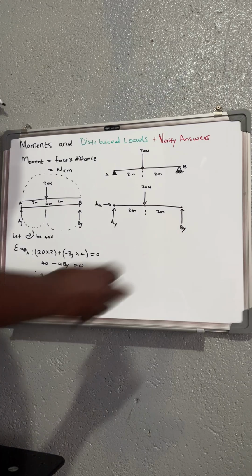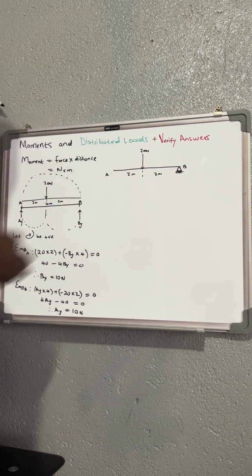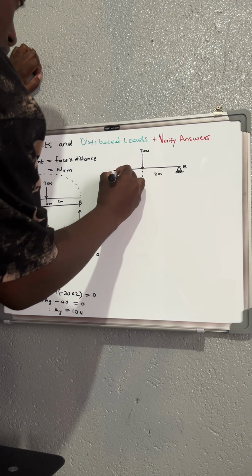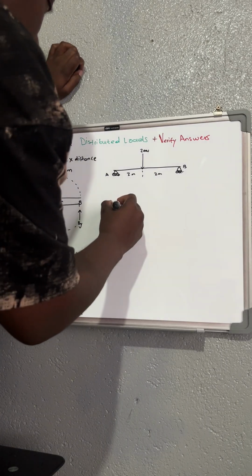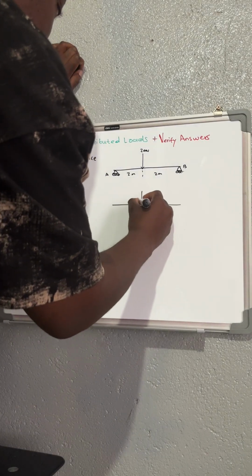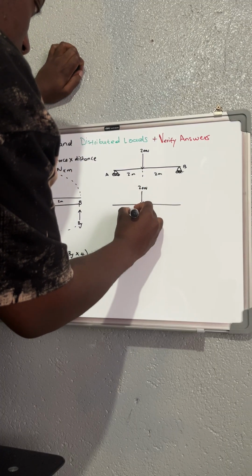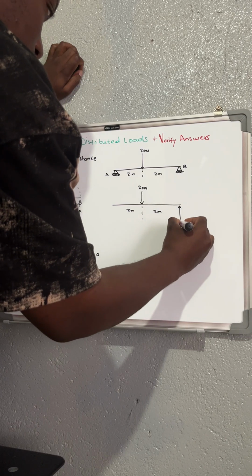You take the sum of your moments around those points. Then now your last case would be when they've given you 2 rollers like those. If you're given 2 rollers like those, it means on both sides you're going to have something that looks like this. You have your 20 Newton, which is here. You still have that 2 meter. Here you're only going to have your By.